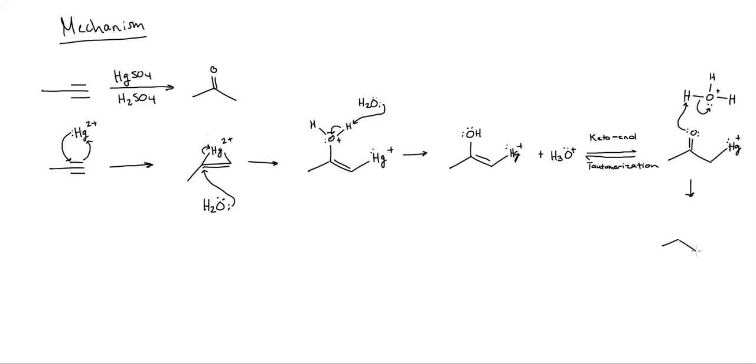So then that's going to give me this. So that gives me a protonated carbonyl. Oh, not two, sorry. Just one. So protonated carbonyl with a positive charge on it. And then I get water as well.